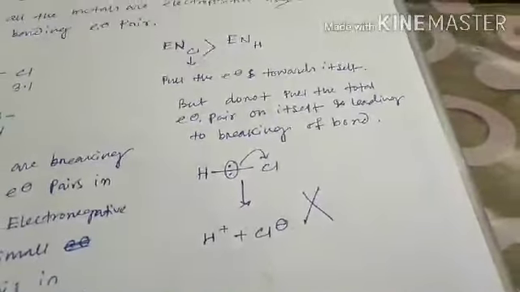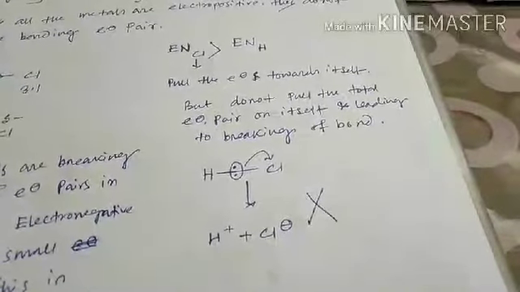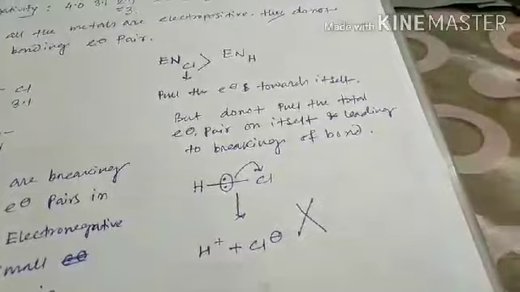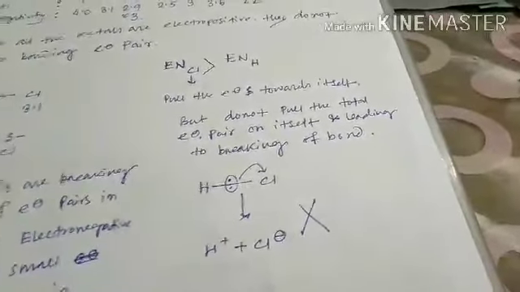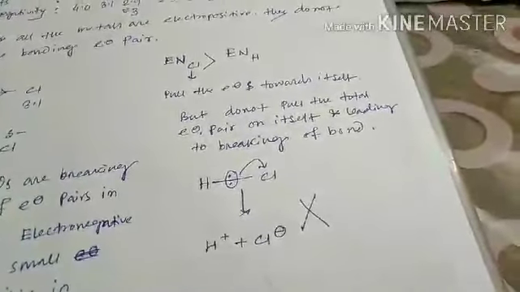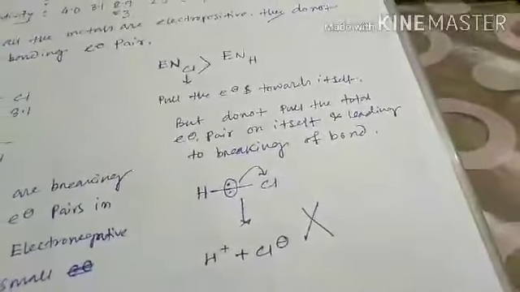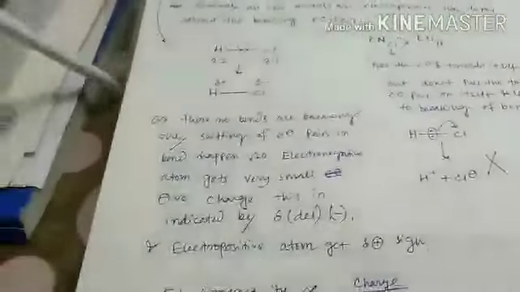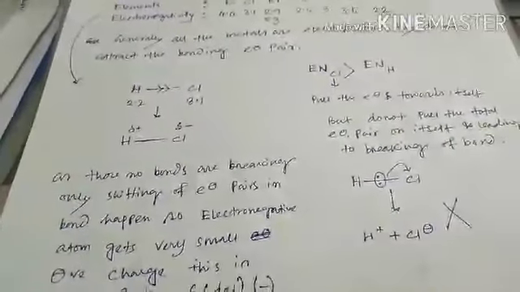This is not what happens. Chlorine pulls the electron pair towards itself but does not break the bond. By electronegativity difference they do not break the bond, they only shift the electron pair towards themselves.